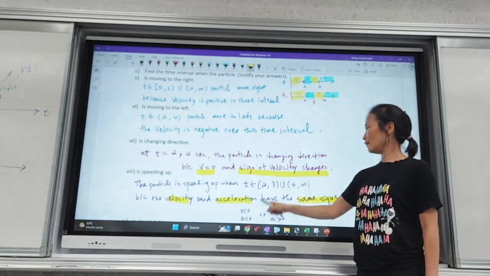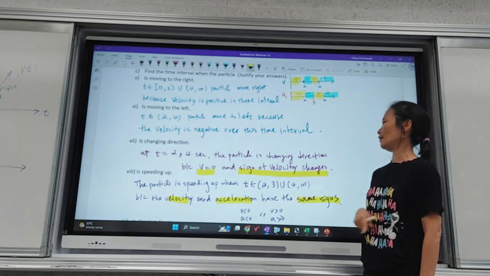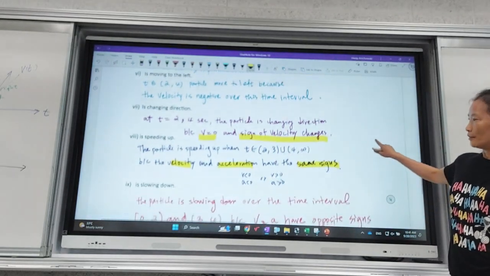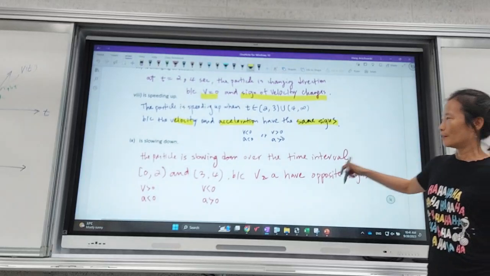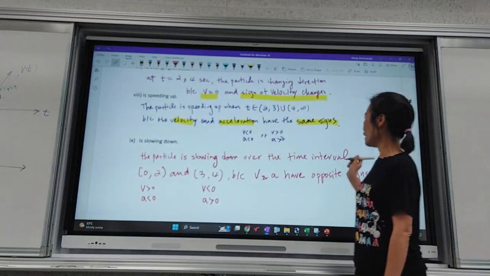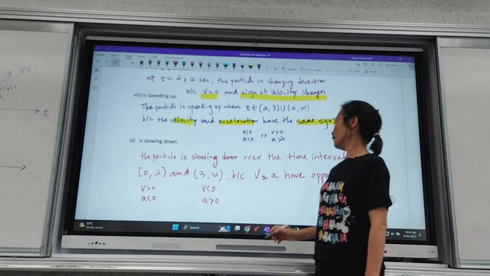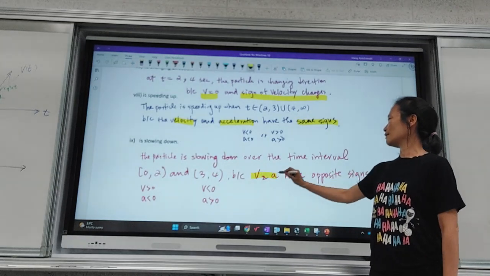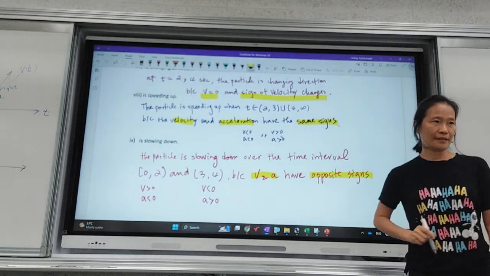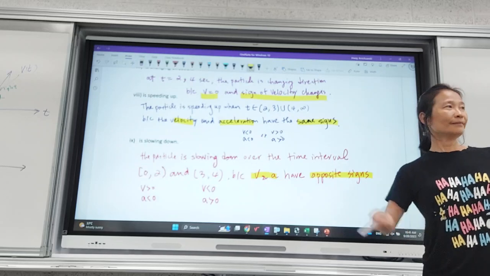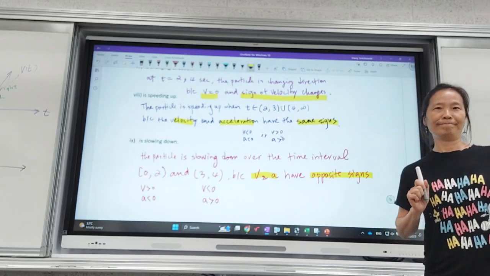There's negative, negative in this interval, positive, positive. Same thing, right? You know how to justify the particle slows down in the other interval because velocity and acceleration have opposite signs.